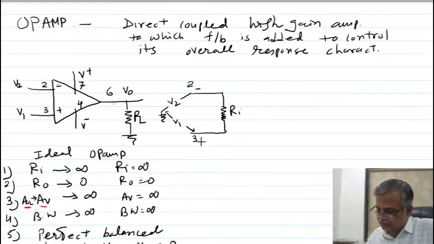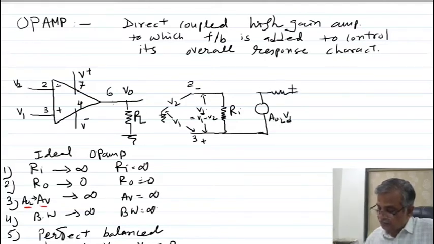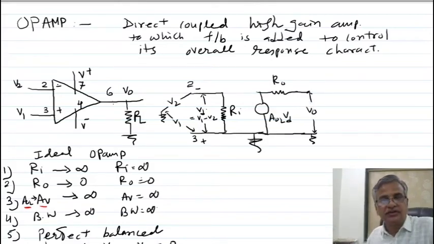This is your minus terminal, this is your plus terminal, and this is called the differential voltage. Remember, differential voltage is V1 minus V2. I am showing you the voltage source equivalent circuit, and this is nothing but the voltage gain of the op-amp, and this is your RO. This is the equivalent circuit of the op-amp.